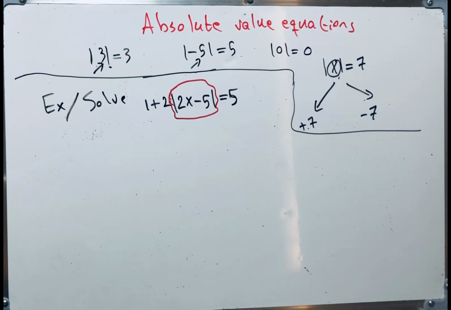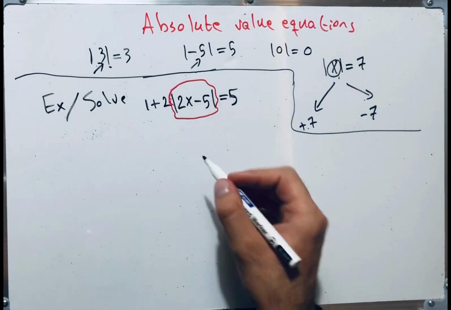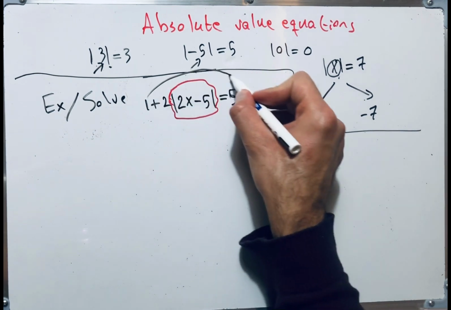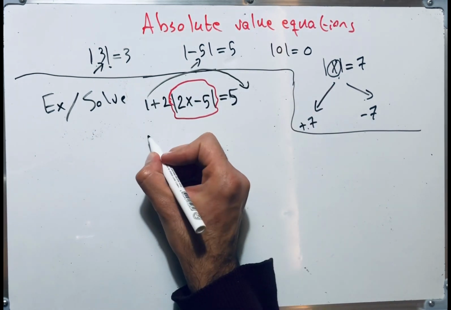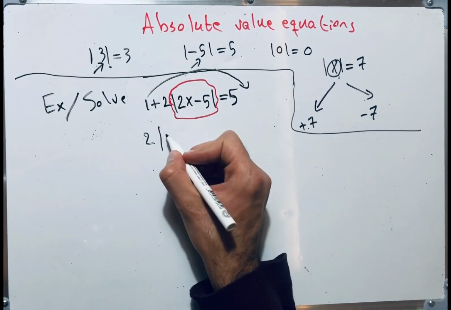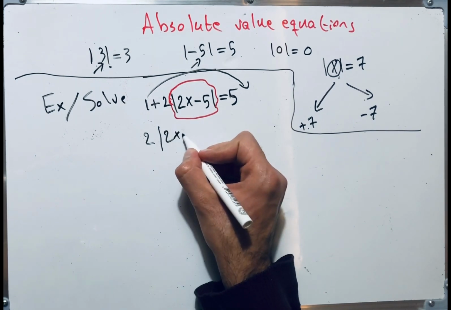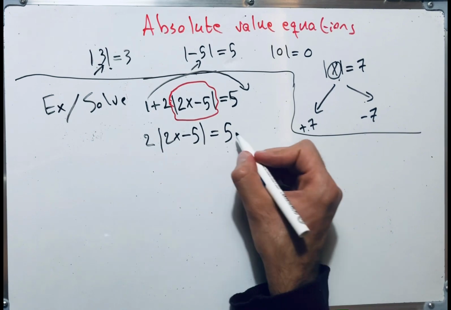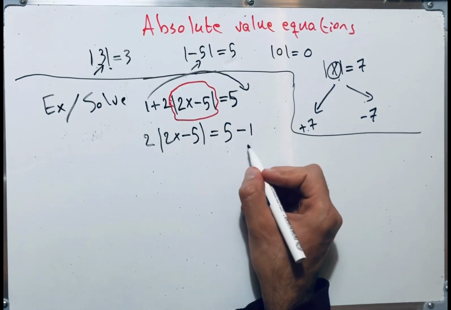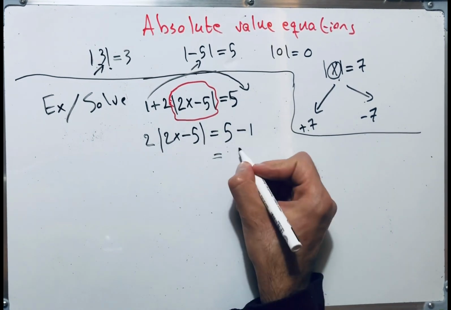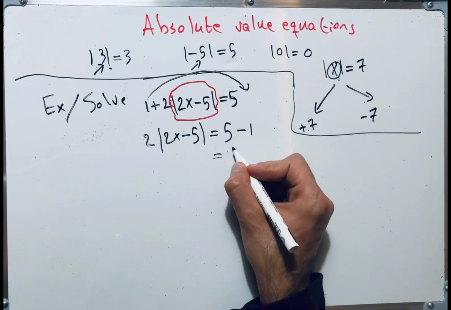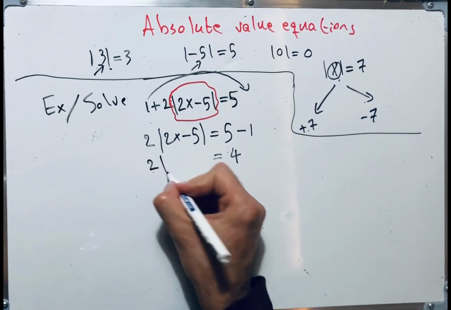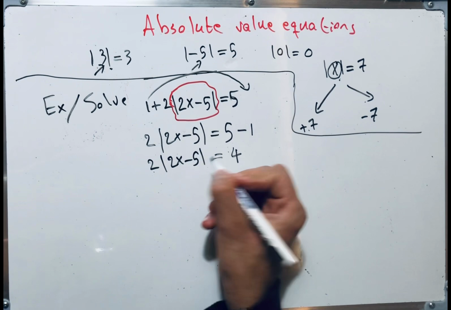So the common procedure that we have every time is this. First we move this number to the other side. Write this part the same way, don't forget about the 2 outside. So we have 5, and when we move it to the other side, it becomes -1. So from here, subtract 1 from 5, this becomes 4. So we have 2 times the absolute value of 2x minus 5 like this.